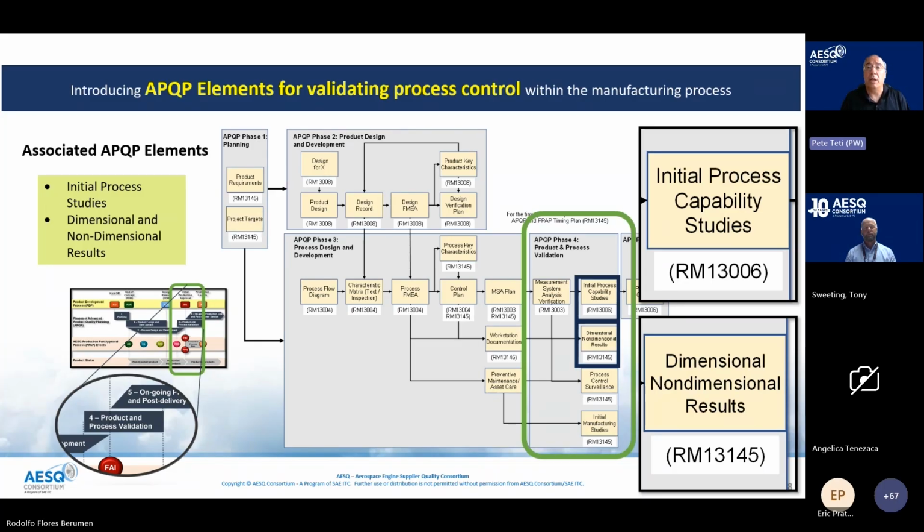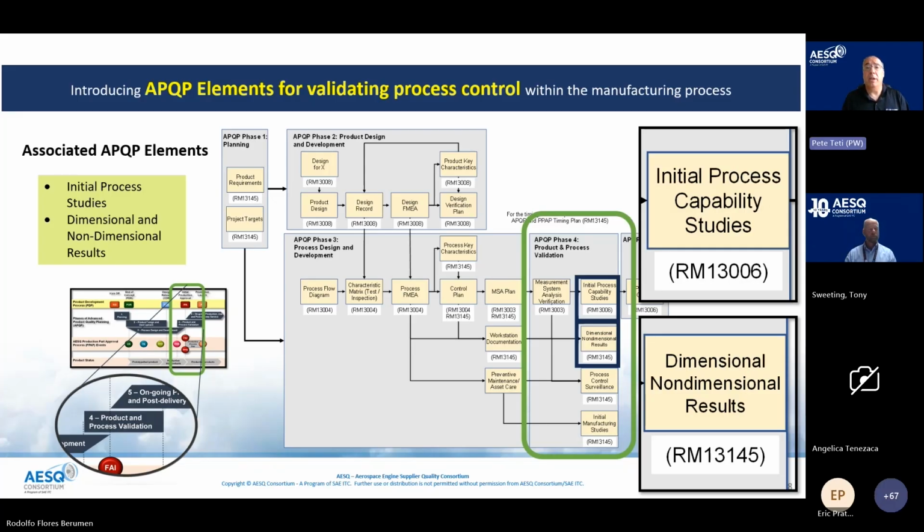Those are a fallout of the DFMEAs that are done, or FMECA analysis, especially when determining flight safety related features. Generally speaking, those are asked to be controlled using statistical techniques to illustrate capability, but prior to that, stability and repeatability of a process. That's where 13006 will come in.